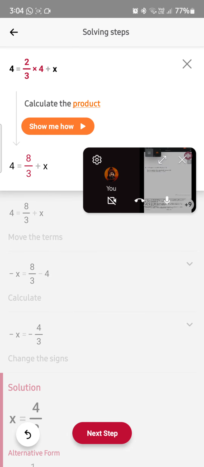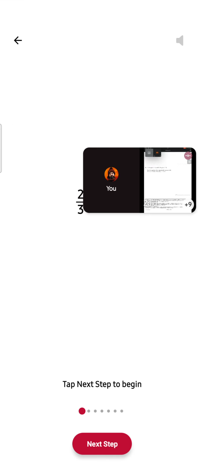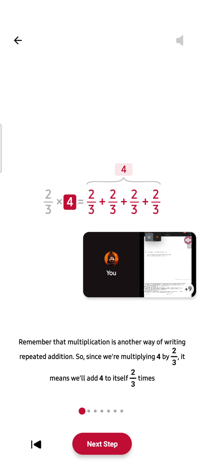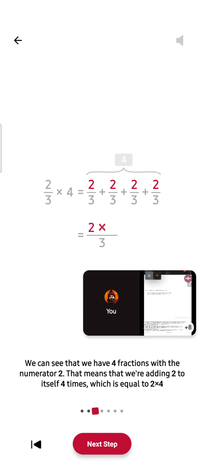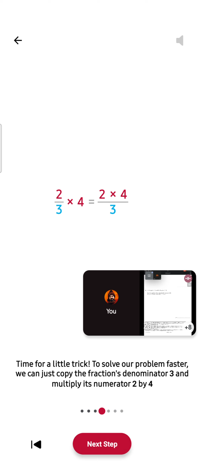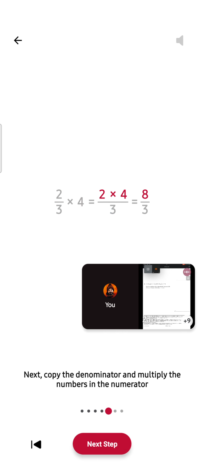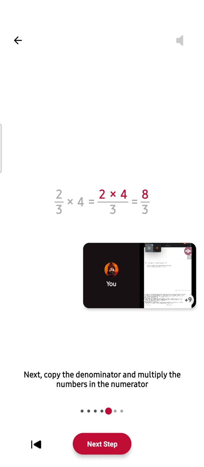Done? Sure, be quick. ओके जी, आंसर बताएं.